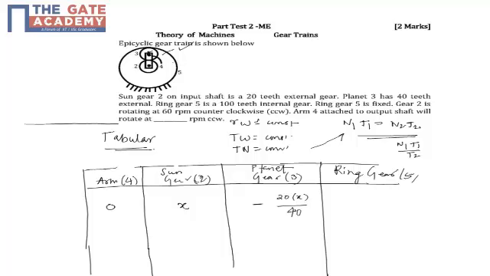Applying the same concept, n1 t1 by t2 is the speed of the planet. Multiplying by the number of teeth of the planet, which is 40, and dividing by the number of teeth on the ring gear, which is 100.